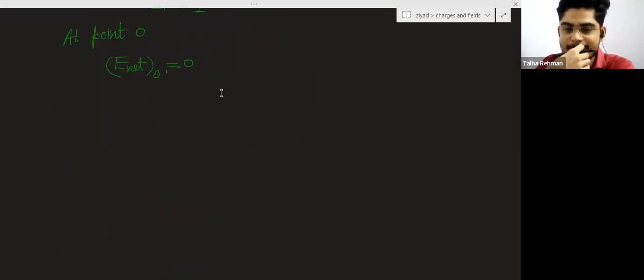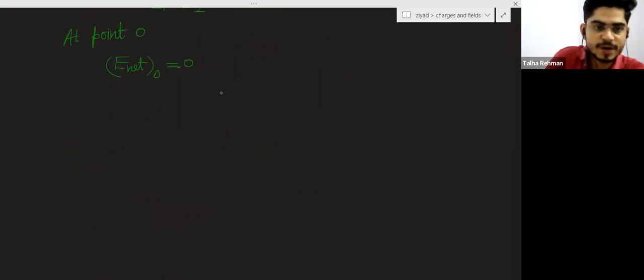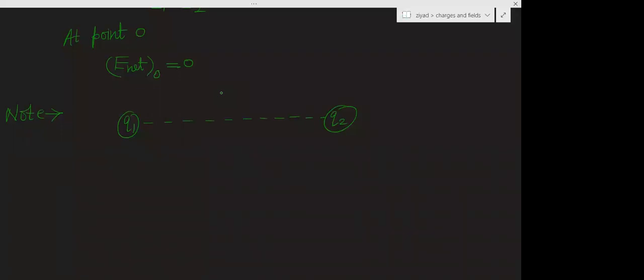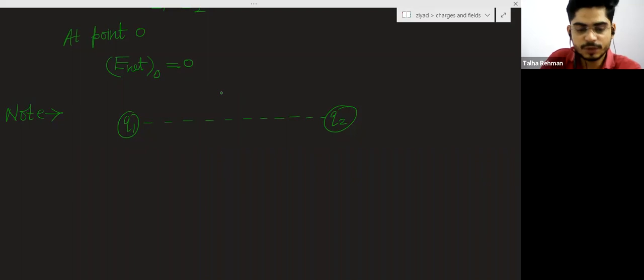One more point you should note down: suppose you have a charge Q1 and a charge Q2, and there is a neutral point here, suppose N is the neutral point.